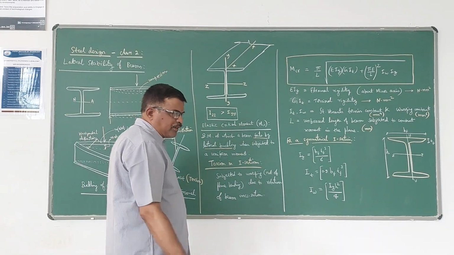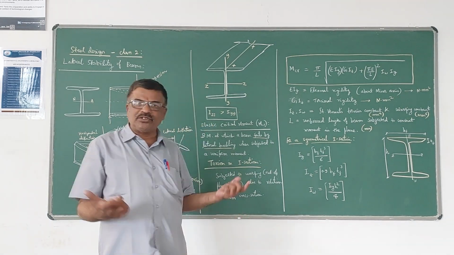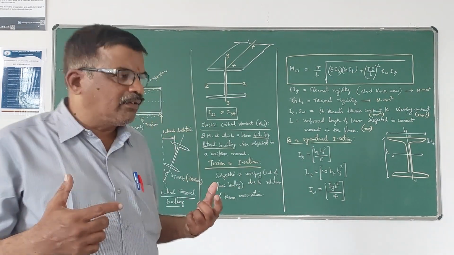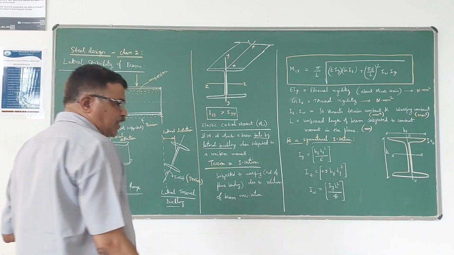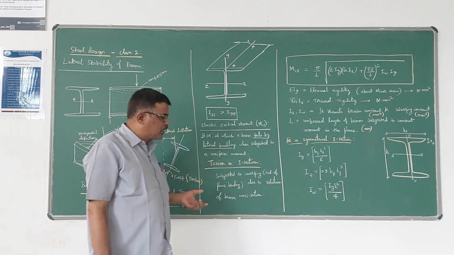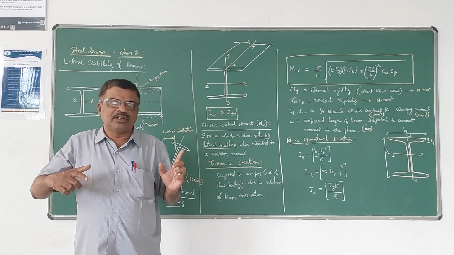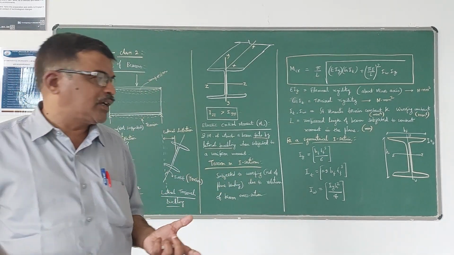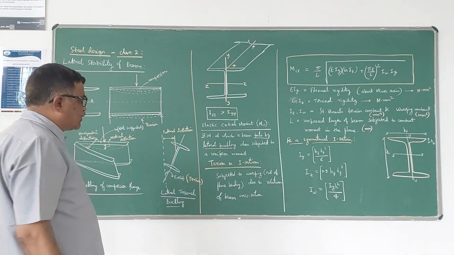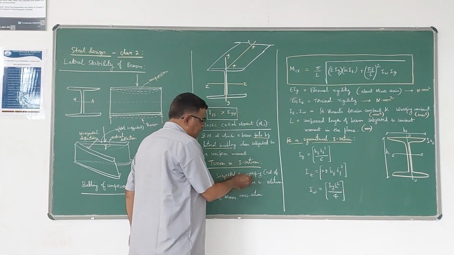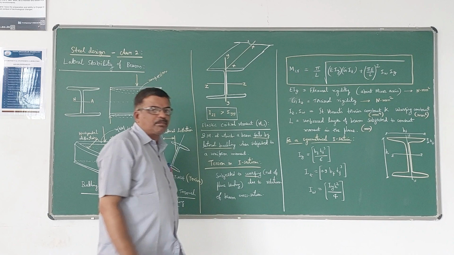As you know, in the theory of torsion, circular sections will not have any warping. Whereas I-sections with plates or channel sections are normally used in the design of beams. In that case, these I-sections will be subjected to warping effect.